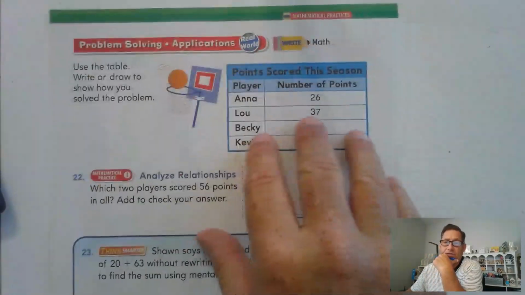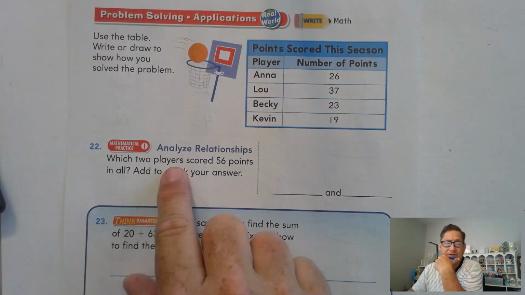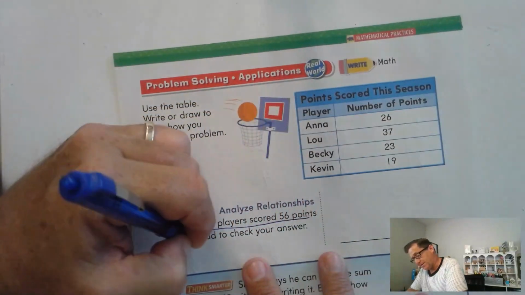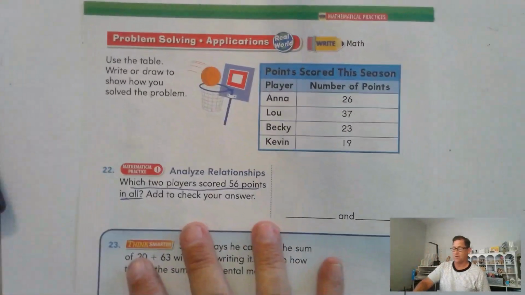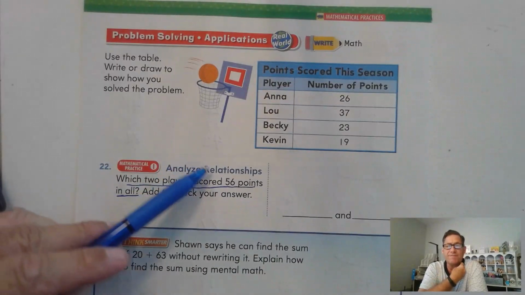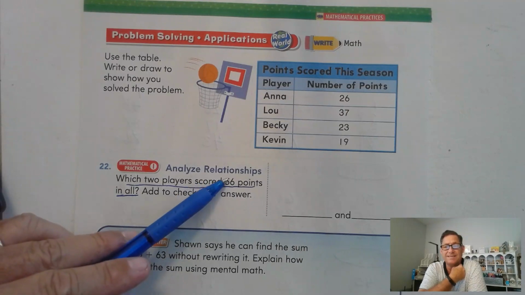Okay, so now that we understand the table, let's look at the question. Which two players scored 56 points in all? So we know we have to have 5 tens total and 6 ones as a total.